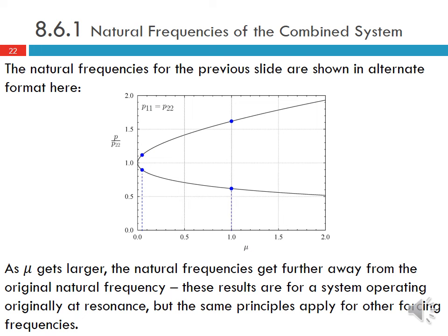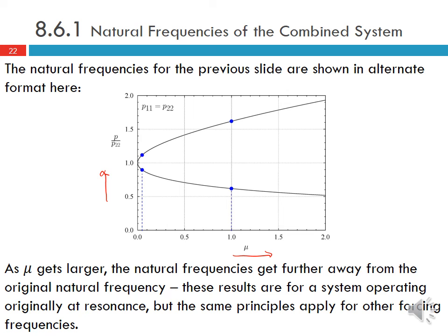So the natural frequencies from the previous slide are shown in an alternate format here. So this is mu in this direction, and this is our p over p22. So as mu gets larger, the natural frequencies get further away from the original natural frequency. And these results, remember, are for a system that was operating originally at resonance.